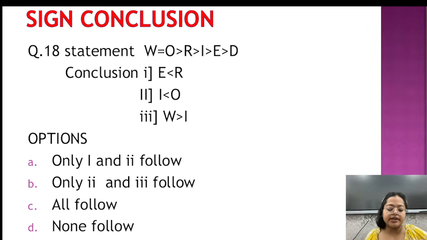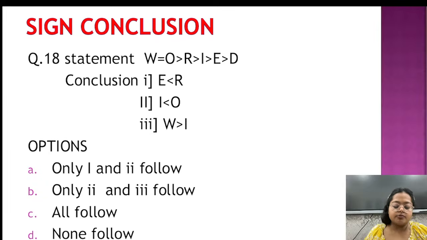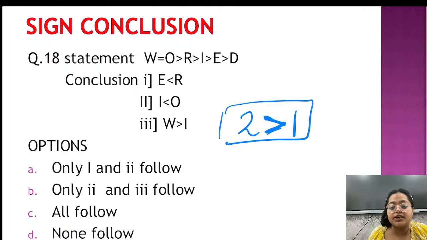Now sign conclusion. Listen students, this question would be very clear with the statements I will tell you. Whenever we mark the put sign, what did we call this in childhood? Put sign. So this all is the game of this put sign. We learned this from our very childhood, that the bigger number has the put sign open.